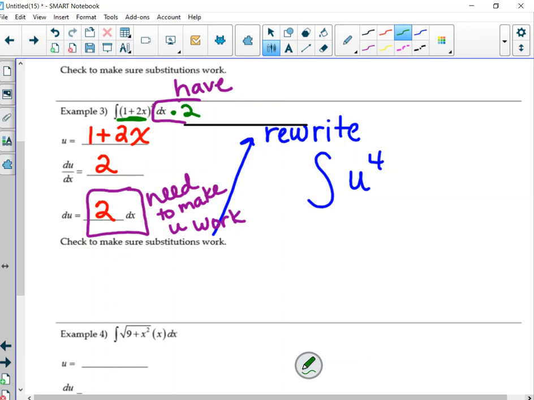I have to keep the nature of the original problem. So what else could I multiply by that would offset, neutralize multiplying by 2?